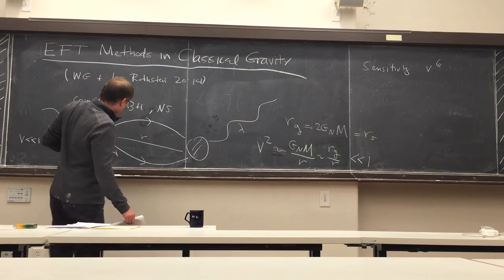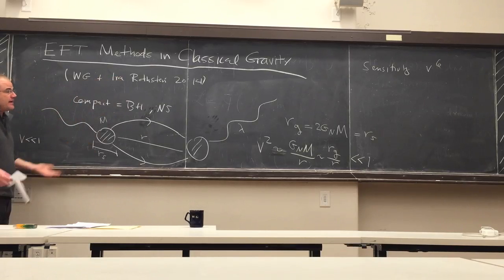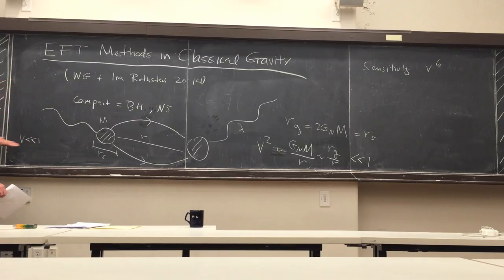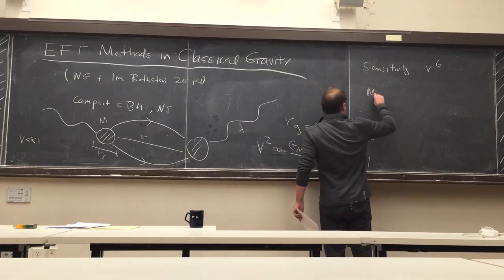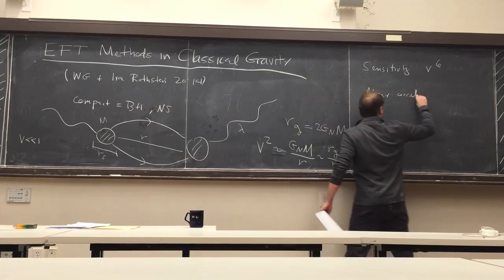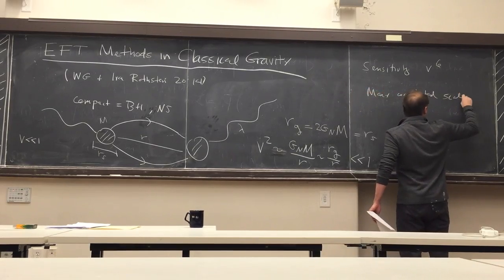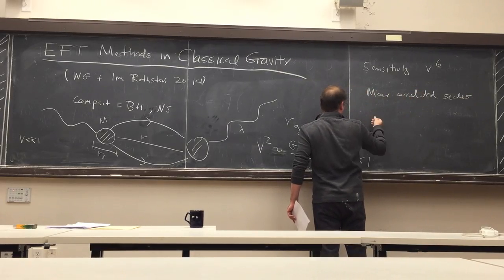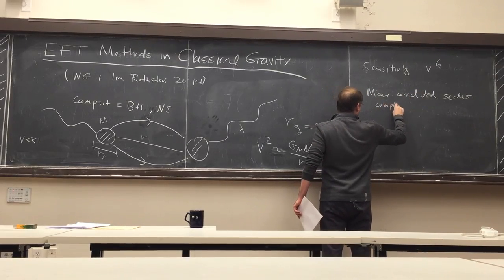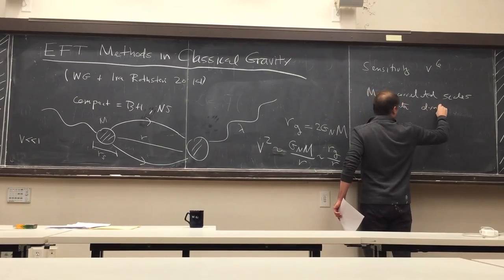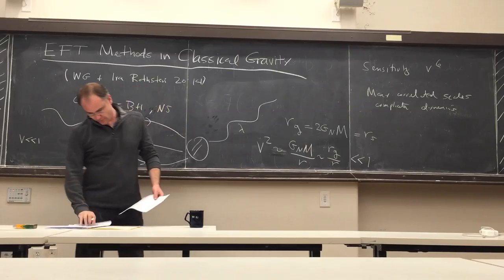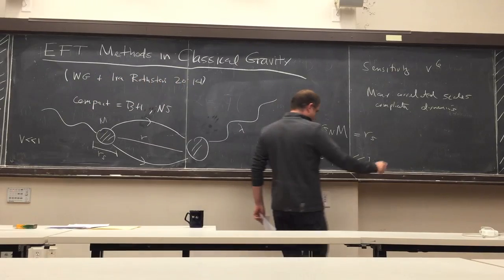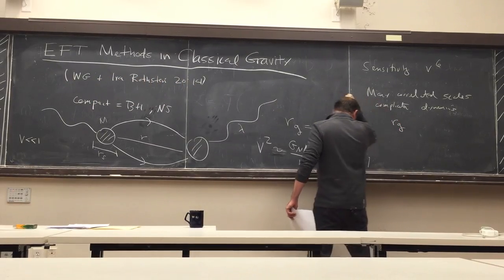But to really understand where they come in, it's a challenge because many scales appear in this problem. And in the small velocity limit, all these scales are correlated. So we have many correlated scales, and that makes the dynamics complicated. In fact, we have a hierarchy of scales. If we're dealing with black holes, the smallest scale is the gravitational radius.